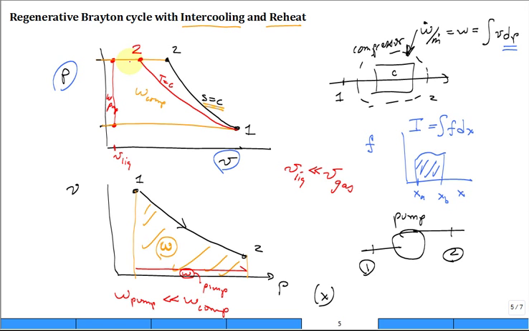It would achieve the same pressure, but the temperature would be lower, because this temperature 2 would equal temperature 1 if it was actually compressed isothermally. This temperature T2s is greater than T1. So the goal would be, oh well, if you cool it as you're compressing it, it would require less work.